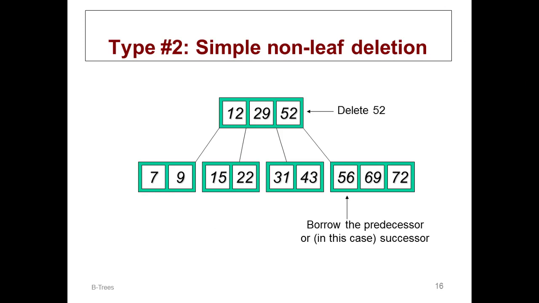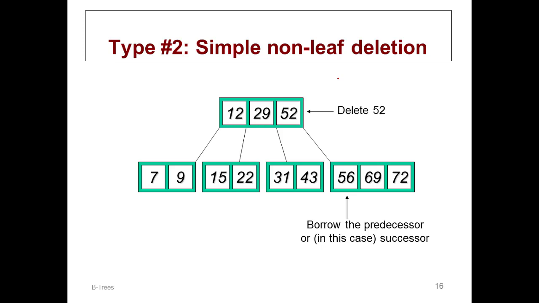Okay, type number 2, the point number 2 we just discussed, simple non-leaf deletion. For example, we are interested in deleting a key which is in a non-leaf node, say 52 in this case. So 52 is to be deleted.